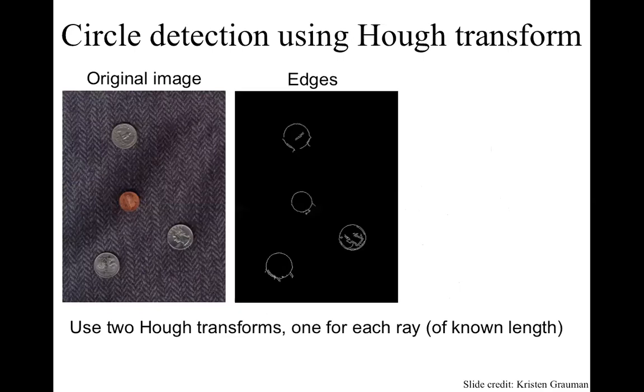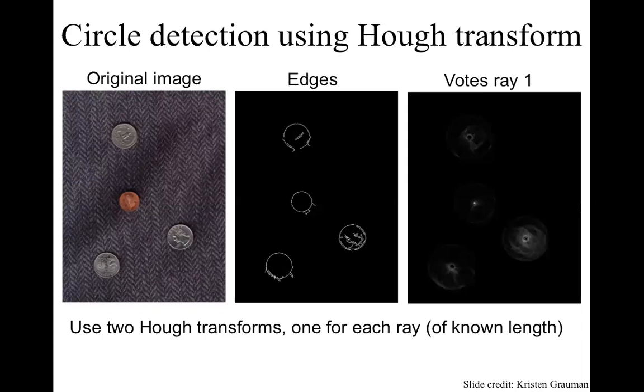So in the first case, you extract edges, maybe with Canny, and then if you do know the length of the shortest radius, you will employ the Hough transform. Each of the edge points will vote, and the higher number of votes will basically mean that the center of a circle with this radius of known size is here.